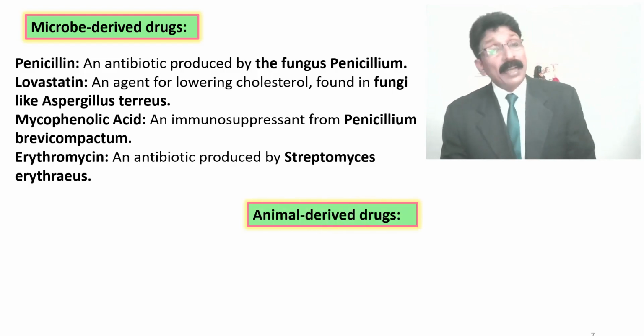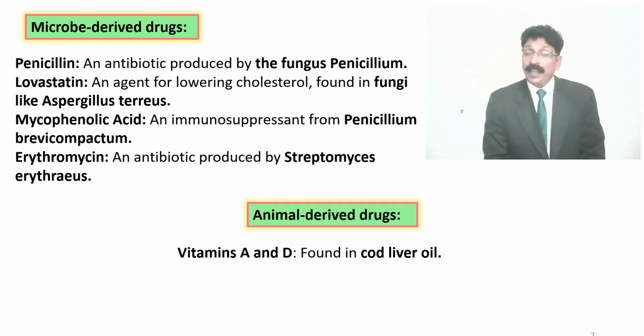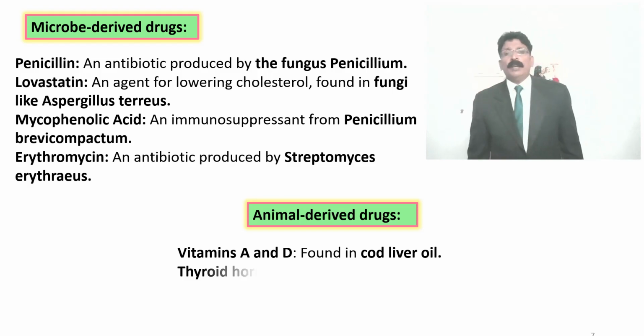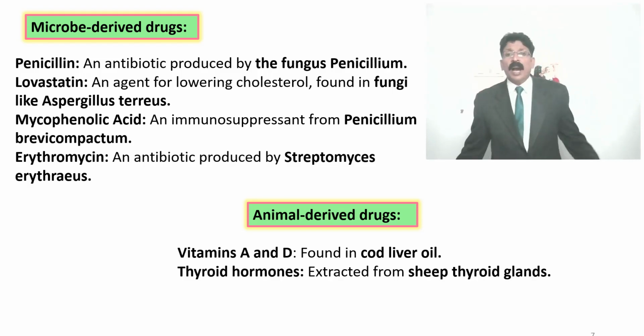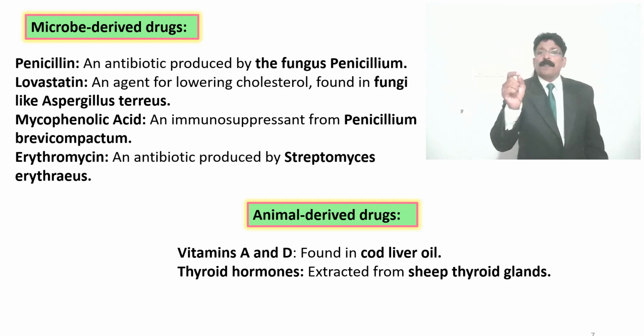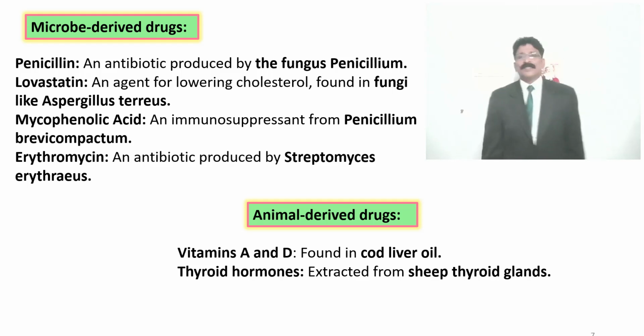Animal derived drugs: vitamins A and D, found in cod liver oil; thyroid hormone, extracted from sheep thyroid glands.